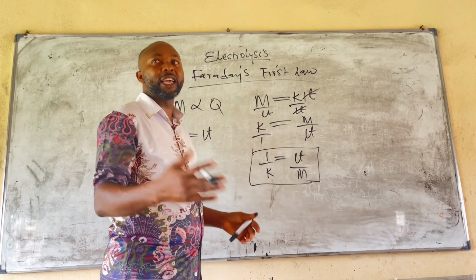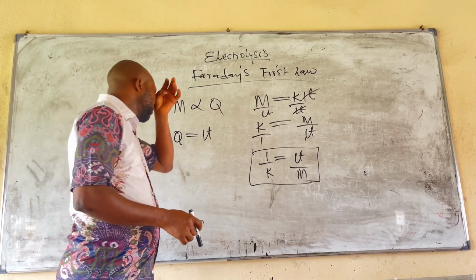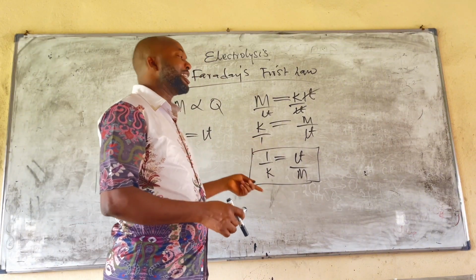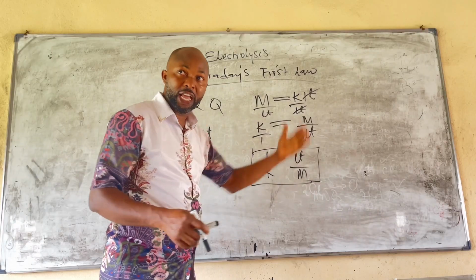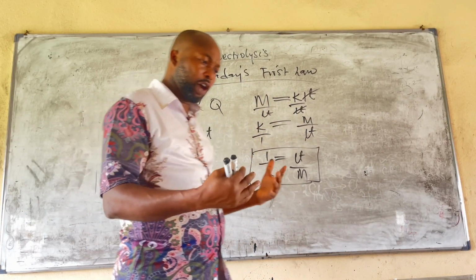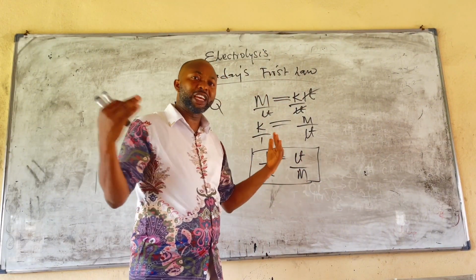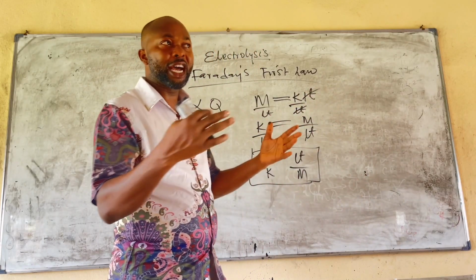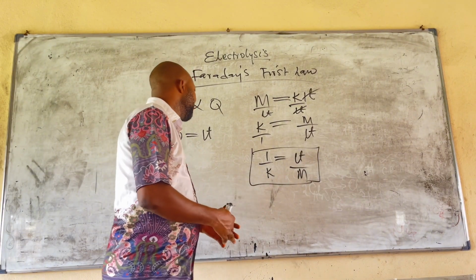But we said again, Faraday's first law, that the mass of the substance liberated or deposited during electrolysis is directly proportional to the quantity of electricity that passes through the electrolyte. That quantity would define the ability of the electrolyte to dissociate. The quantity of electricity that will pass through will define how the electrolyte will dissociate, that is, ionize or decompose, as the case may be.